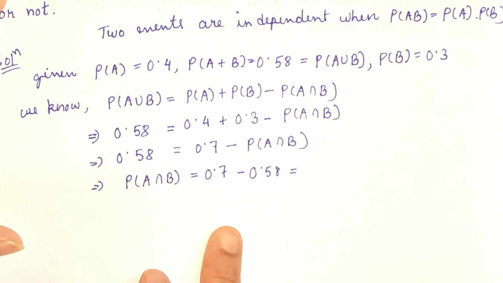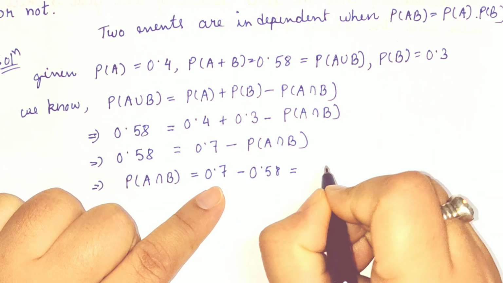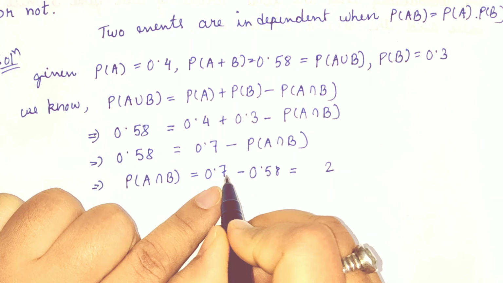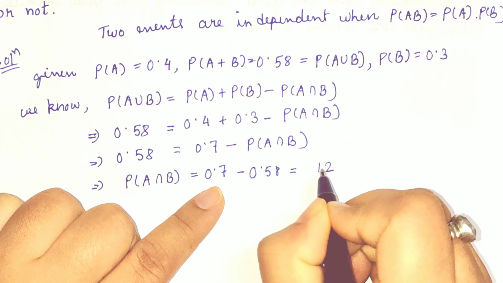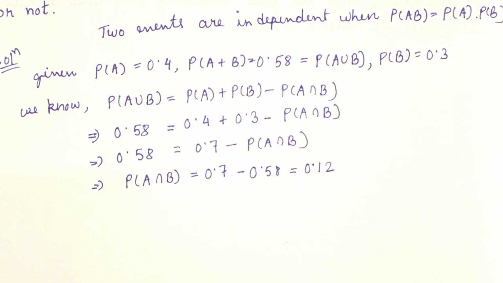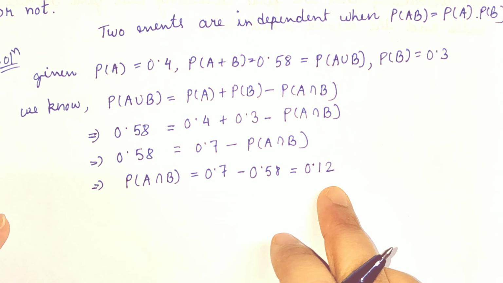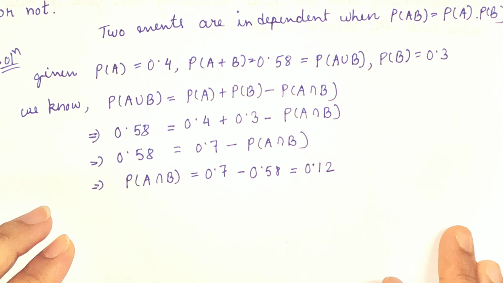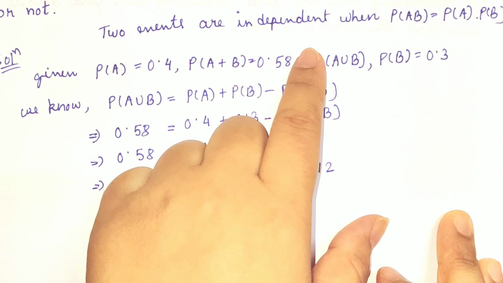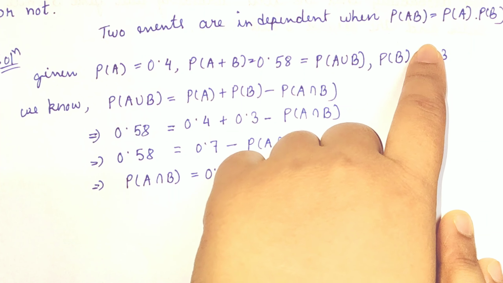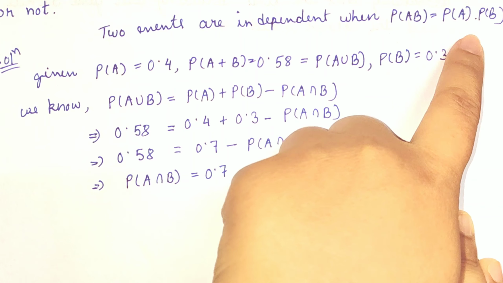So 0.7 minus 0.58 gives 0.12. We have found that P(A intersection B) is equal to 0.12. We have already said that two events are independent when P(AB) is equal to P(A) into P(B).